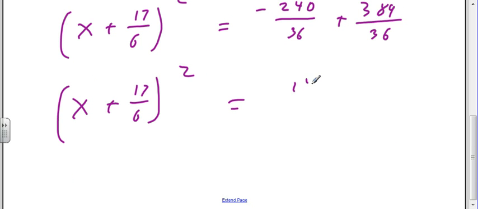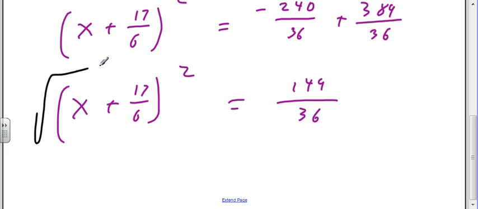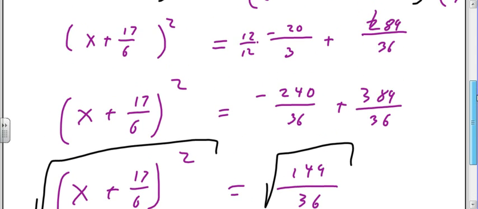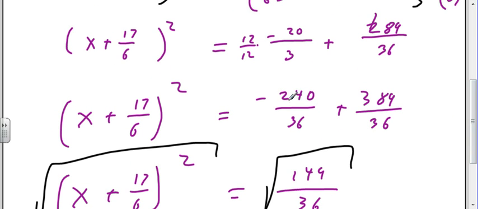x plus 17 over 6 quantity squared is equal to 149 over 36. I take the square root of both sides. It's just 49 over 36. It can't be 49, this is 200 and something. Yeah, and that's 300.